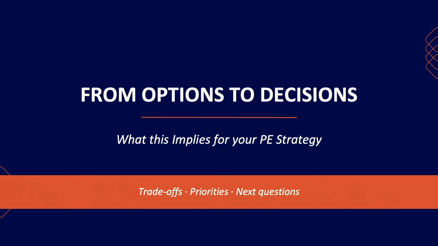So obviously, from all those options that you use to build your private capital portfolio, having gone through a stress test, maybe just having used those questions to ask yourself how you would manage as an investor, leads you from options again to a point where you may want to take a decision. What does this imply for your PE strategy?